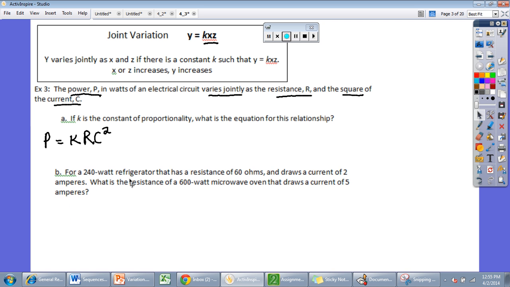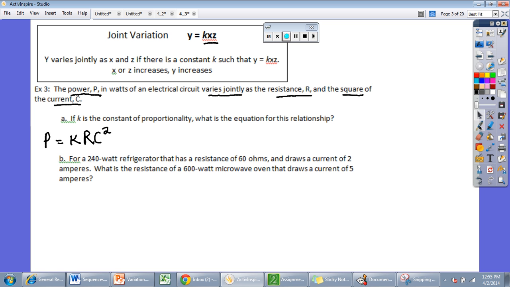I'm going to move this up here to give me a little bit more workspace. For a 240 watt refrigerator, so that's our power. Remember we're always solving for K first. Has a resistance of 60 ohms, draws a current of 2 amperes.